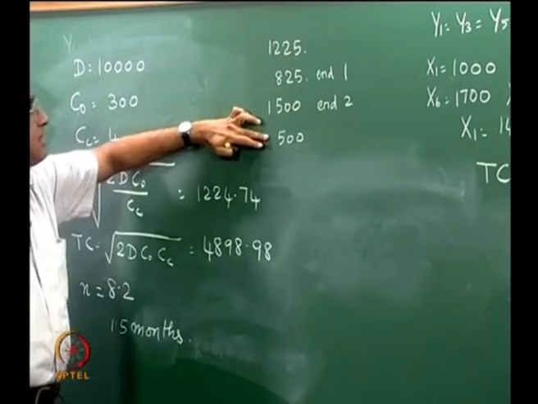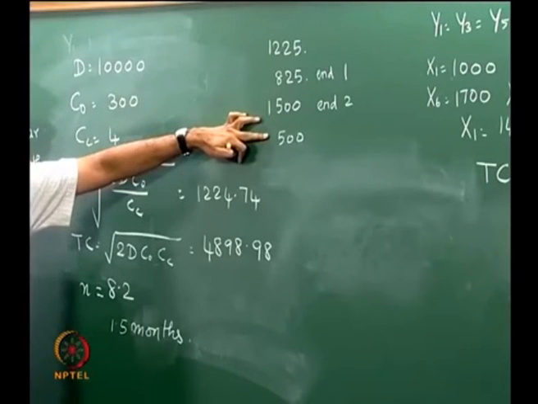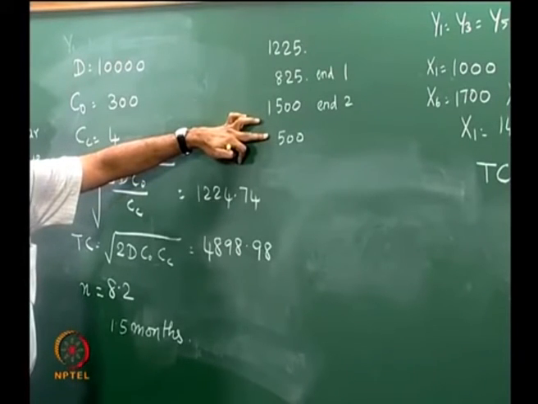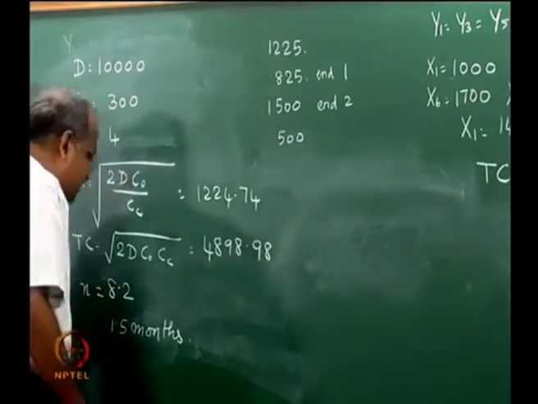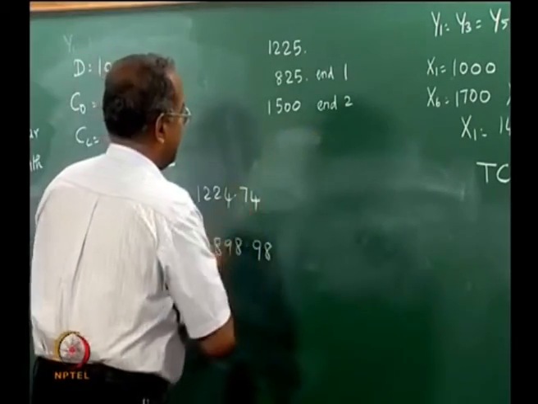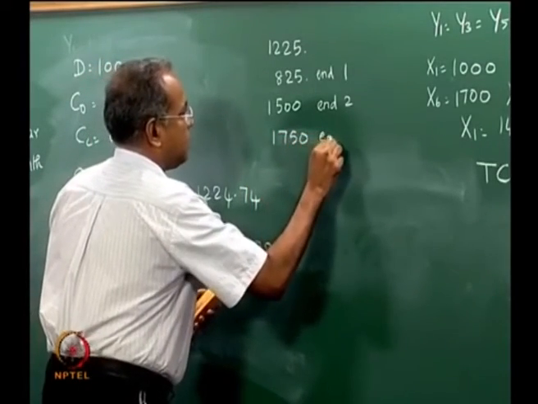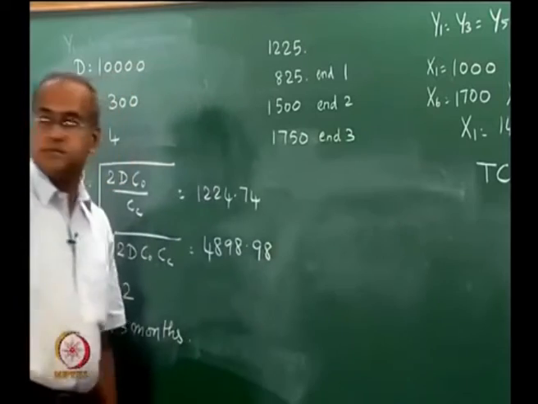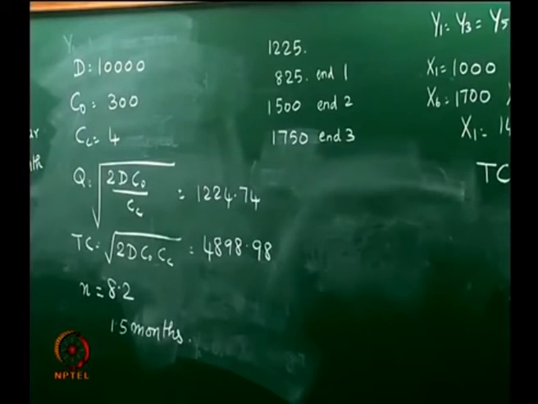So 500 plus 1250 will be 1750. So we will have 1750 here at the end of 3, that will be the inventory at the end of 3 and so on.